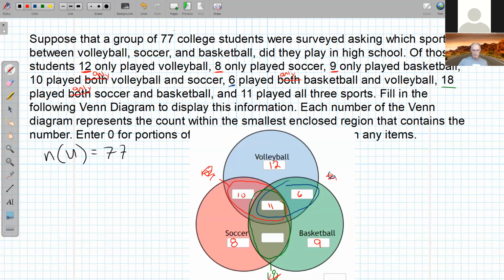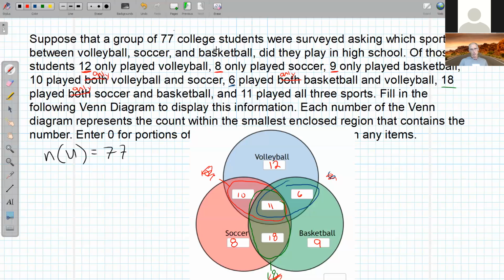Oh, down here, the 18 really goes right there. Okay, so fill in the Venn diagram with the given information. Each number of the Venn diagram represents the count within the smallest enclosed region that contains the number. Okay, got it?